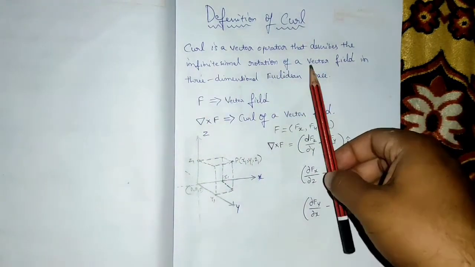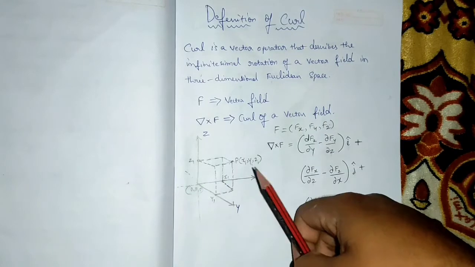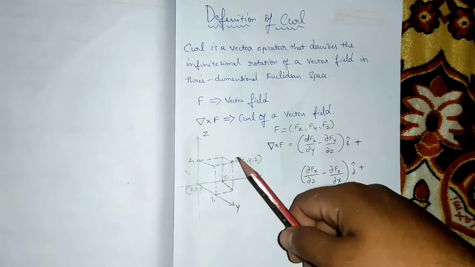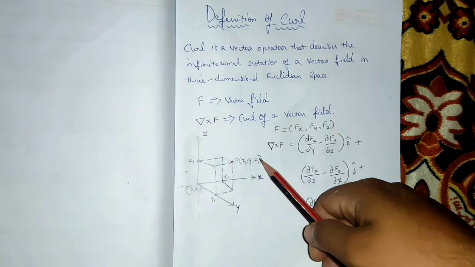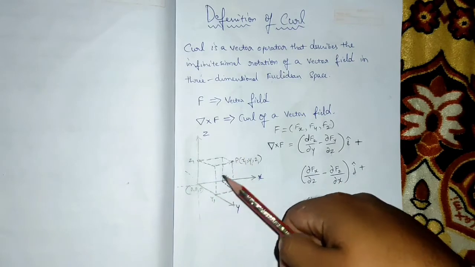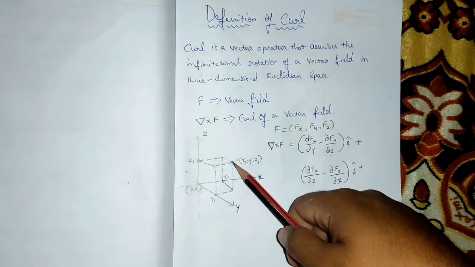For three-dimensional Euclidean space, we take XYZ coordinates. Suppose this is a point P; we can represent it with three coordinates x1, y1, z1, which gives the position of P in three-dimensional space.